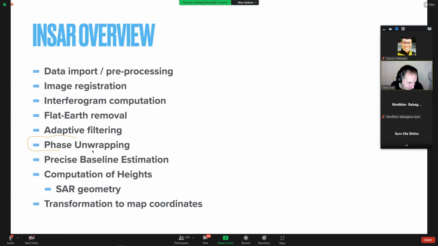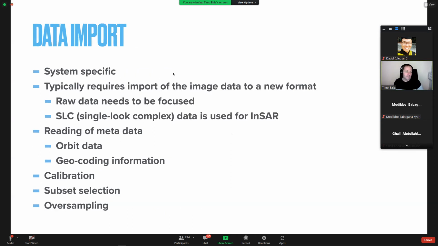And it's also clearly the phase unwrapping. That's a part of the processing that is unfortunately ambiguous and can go wrong, and quite often also will go wrong. So these are the two parts where you may run into trouble when you actually do it.